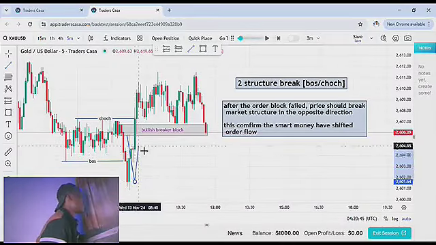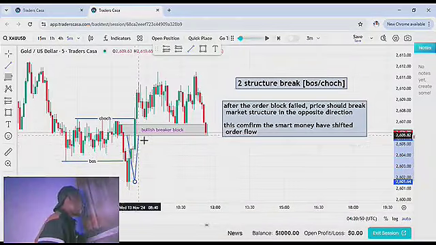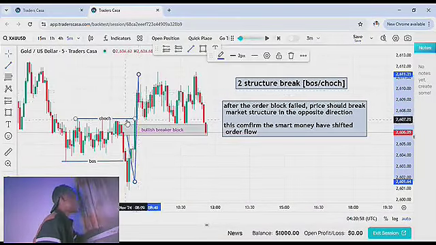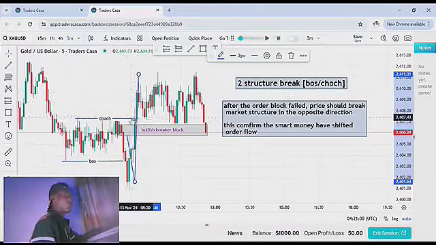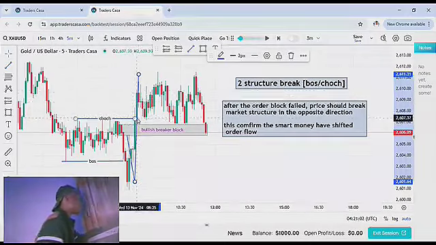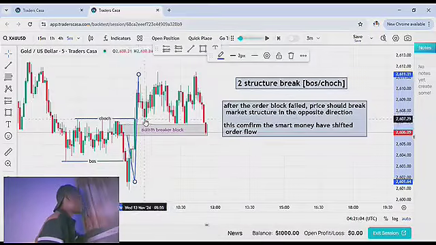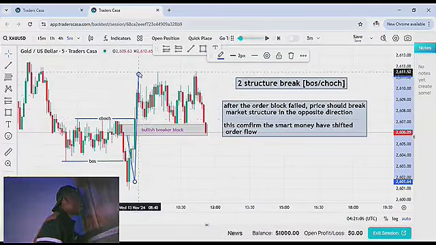But instead, you keep on moving and broke the structure here. So that is what we are talking about. You should break a structure if it fails.